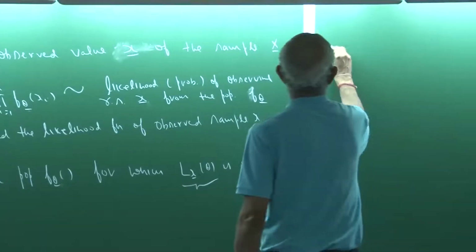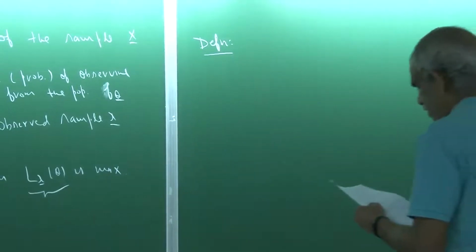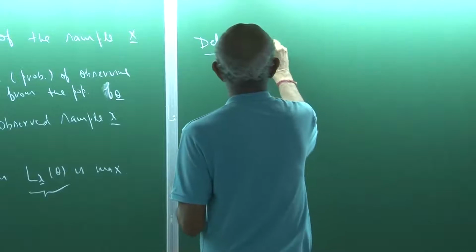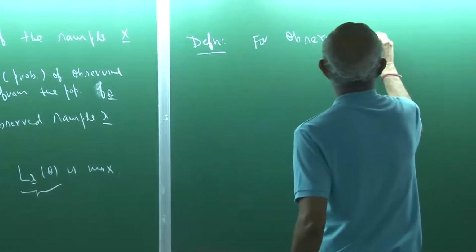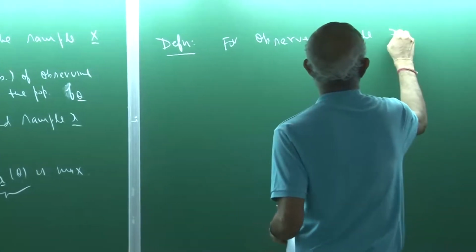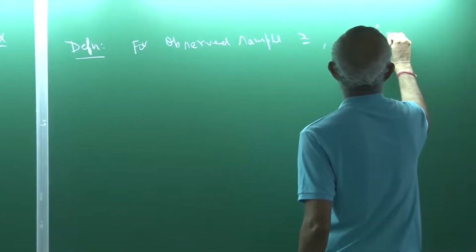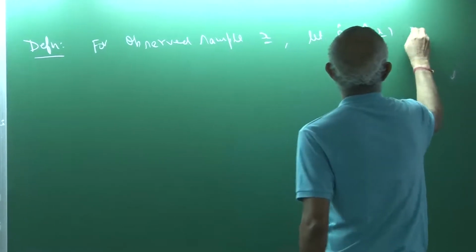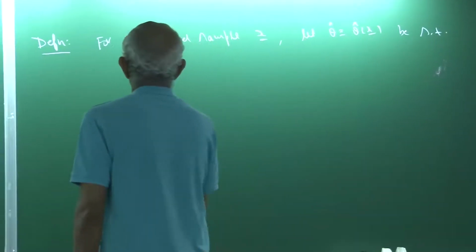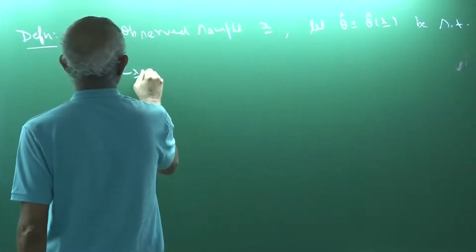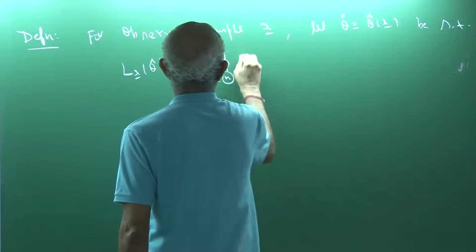So the definition of a maximum likelihood estimator is: for the observed sample x, let theta hat, which depends on x, be such that L_x(theta hat) is maximum, that is, the supremum over theta belonging to Theta of L_x(theta).